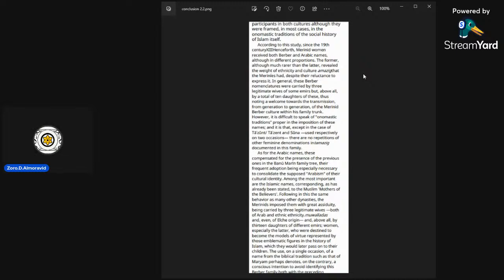As for the Arabic names, these compensated for the presence of the previous ones in the Banu Marin family tree, their frequent adoption being especially necessary to consolidate the supposed Arabism of their cultural identity.